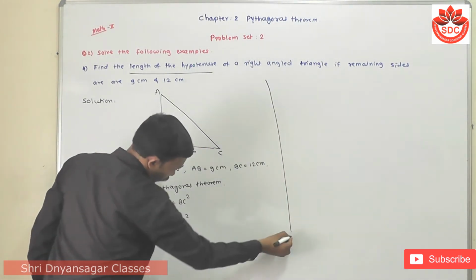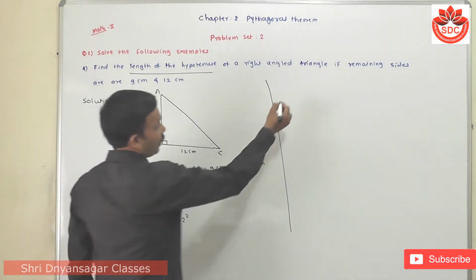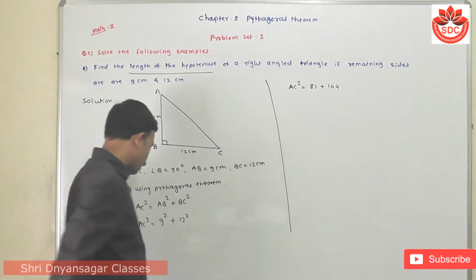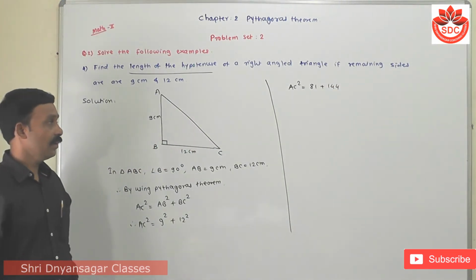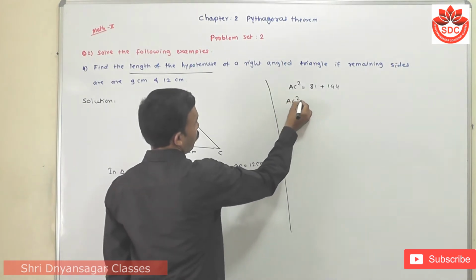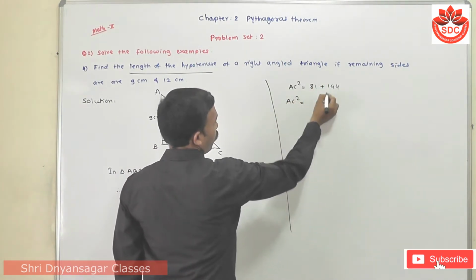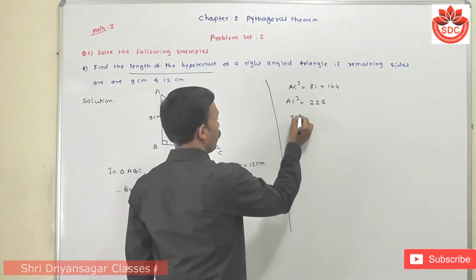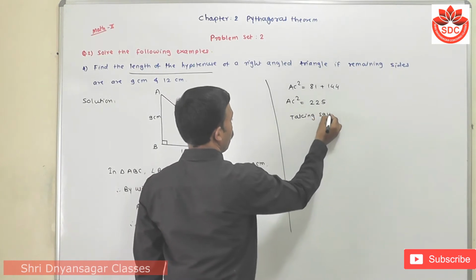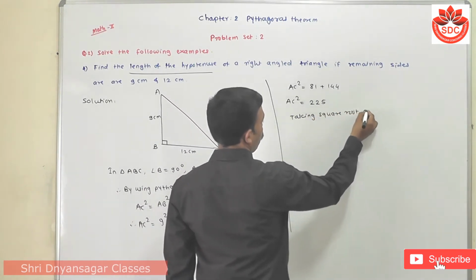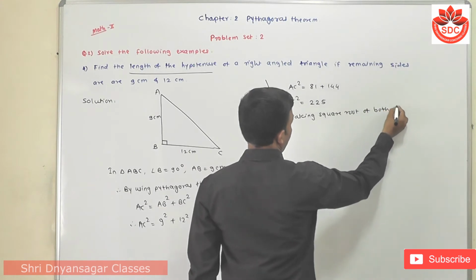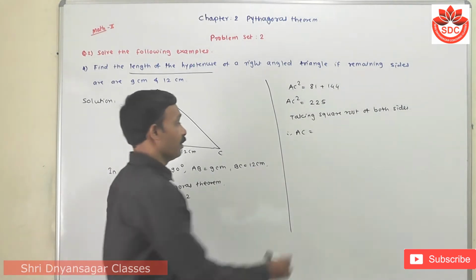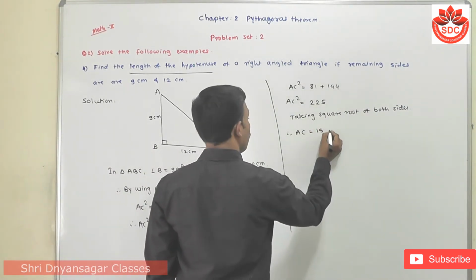What is the square of 9? It is 81. That means AC square is equal to 81 plus the square of 12, which is 144. Then adding these two, we get 225. Taking square root, this is the square root of 225, so that is 15. The unit here is centimeter.